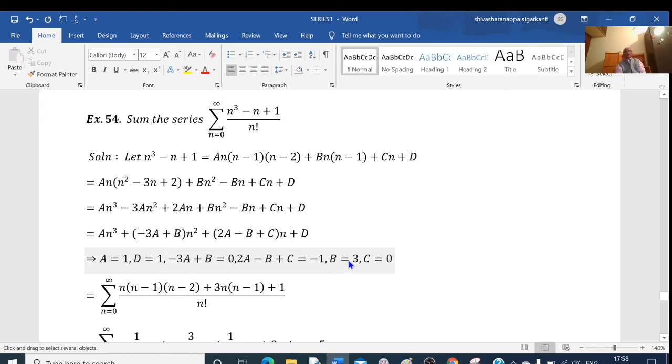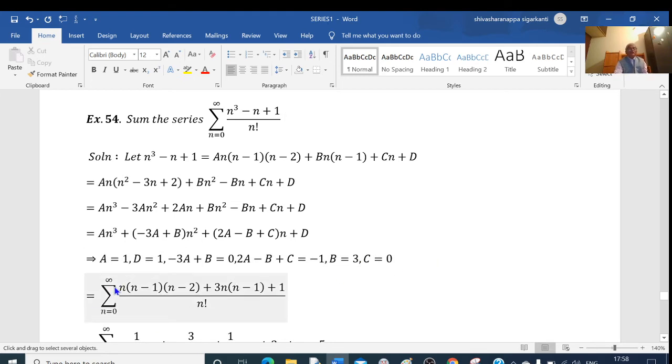Next we find the value of c. To get c, I use this equation. 2a, 2 into 1 is 2, minus 3, 2 minus 3 is minus 1. Minus 1, and on the right hand side plus 1. Plus 1 minus 1 is 0. That is, c equals 0.